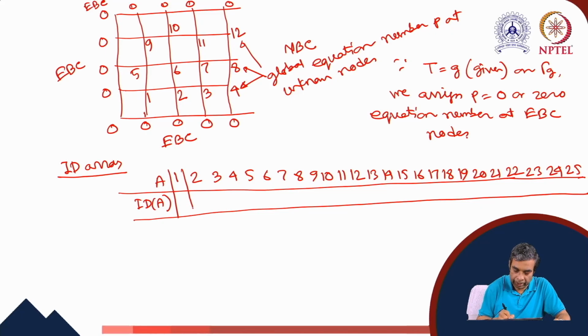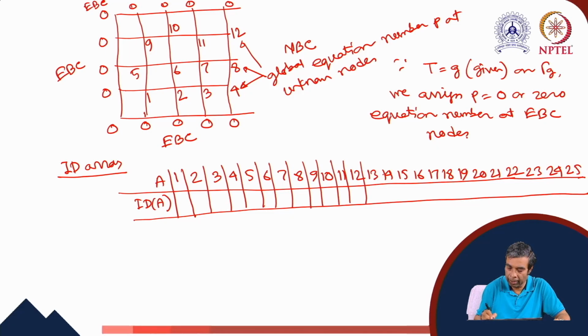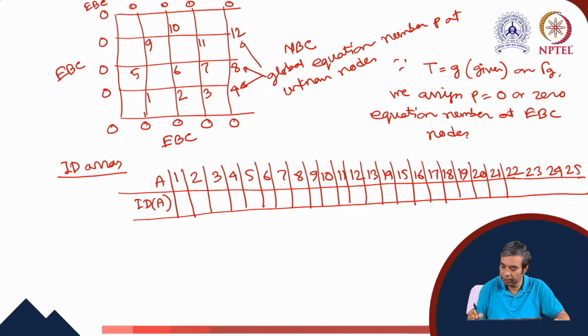Now we make the corresponding boxes. Then we shall insert the global equation numbers in these boxes according to the above picture for the global equation numbers. So let us just complete the boxing.